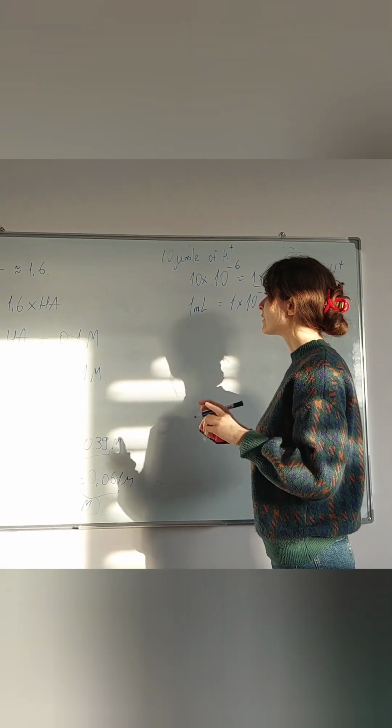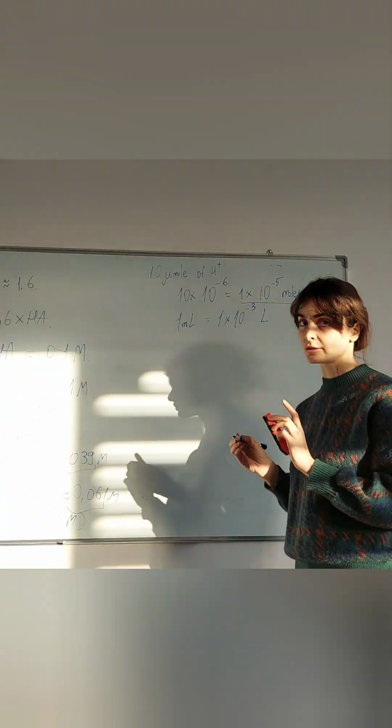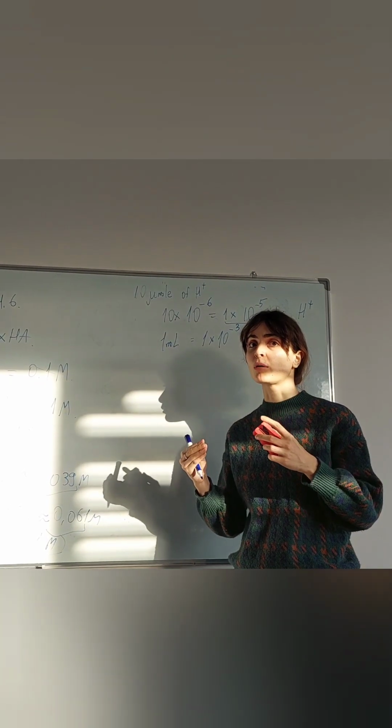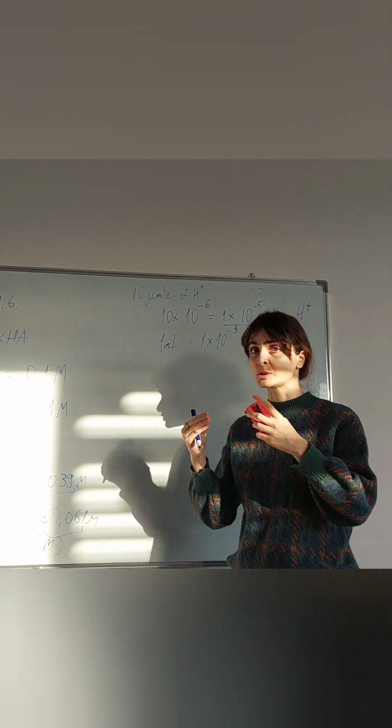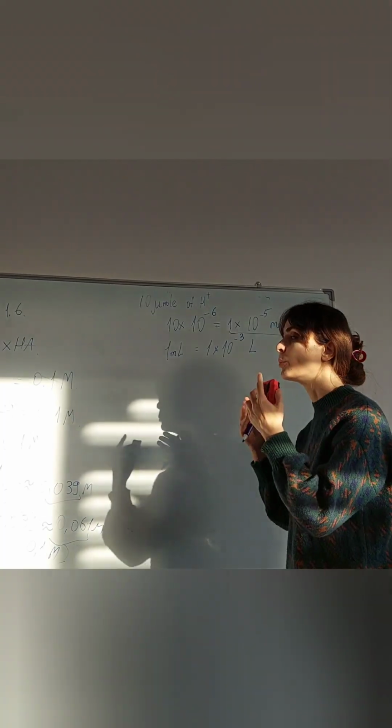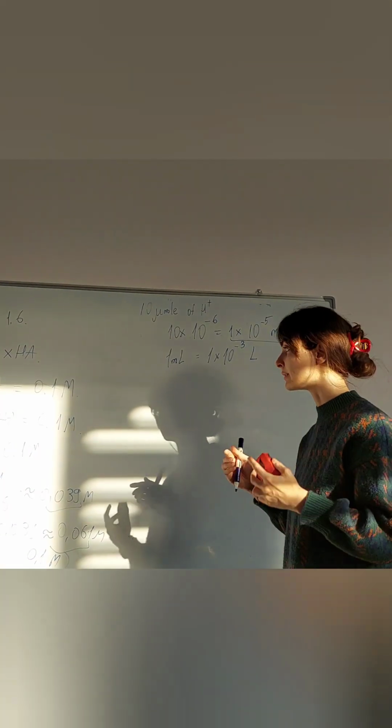So now let's calculate the molarity of the hydrogen ions in the solution. Molarity is how many moles of solute are in 1 liter of solution, so moles per liter is molarity.